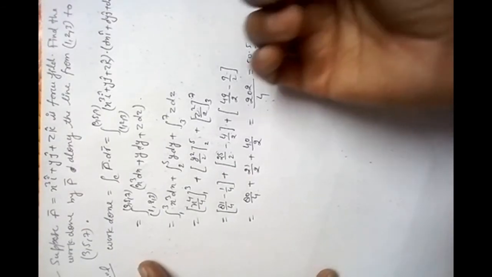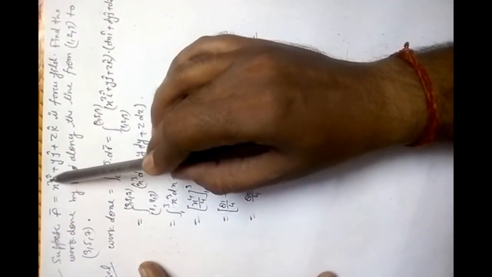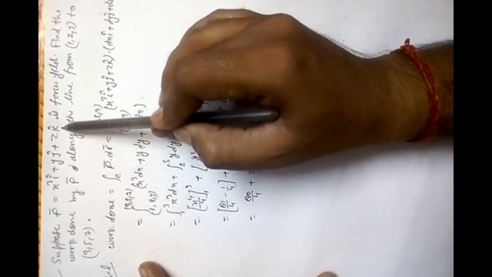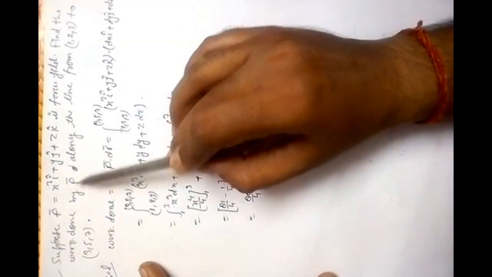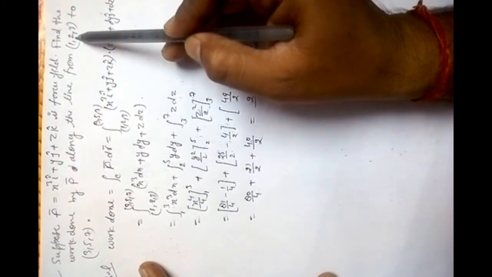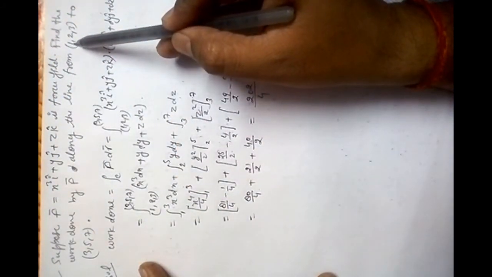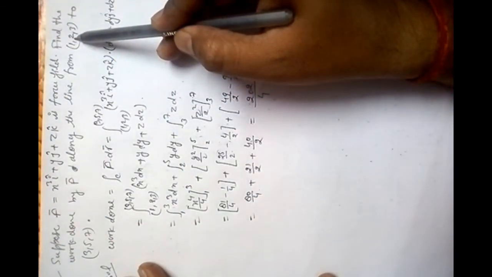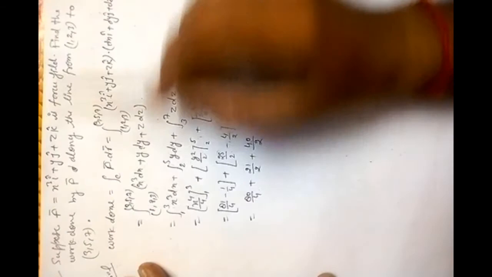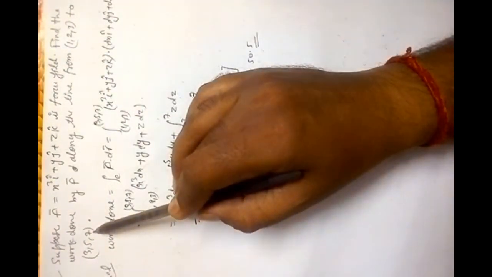Okay, so here vector f, x cube i plus yj plus zk, is a force field. Find the work done by F along the line from this to this. Here the limit of x is 1 to 3, y is 2 to 5, and z is 3 to 7.